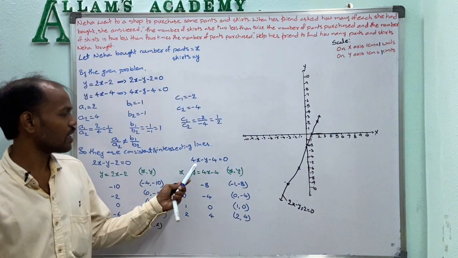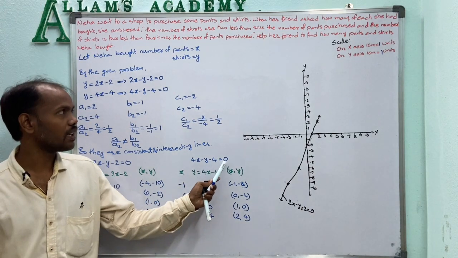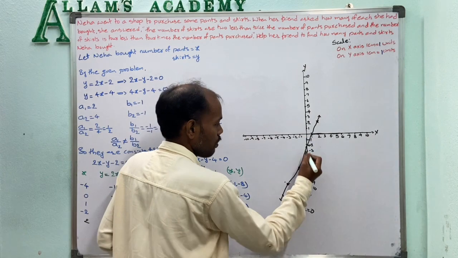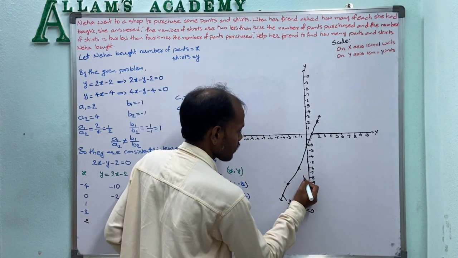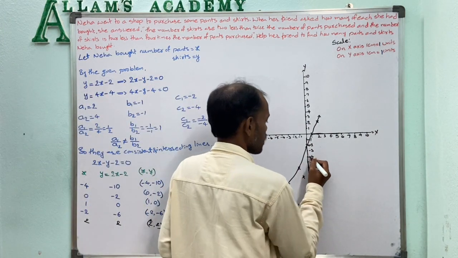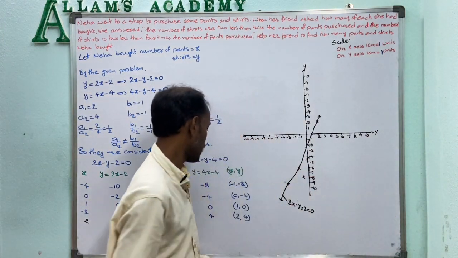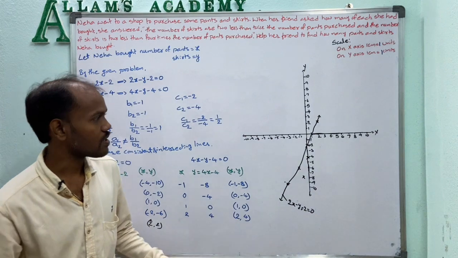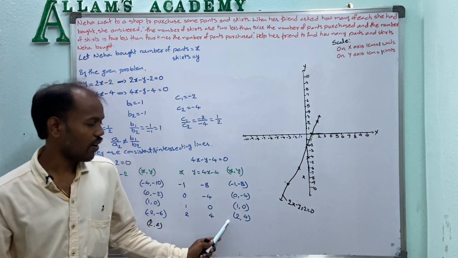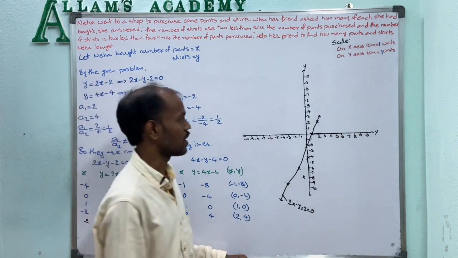For the second linear equation, 4x minus y minus 4 equal to 0, we draw the points: for minus 1, minus 8; next, for 0, minus 4; next, for 1, 0; next, for 2, the corresponding y coordinate is 4.